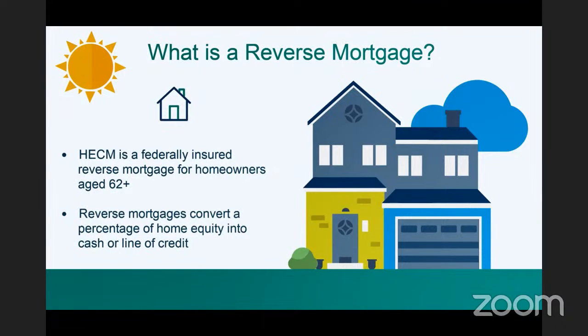Now, the very first reverse mortgage was written back in 1961. So for everybody who thinks that this is a brand new product that's new on the scene, yeah, 1961. This mortgage helped a widow remain in her home despite the loss of her husband's income when he had passed away.